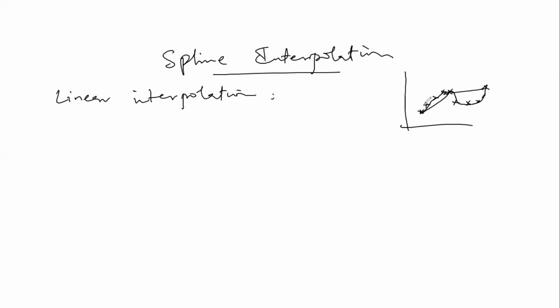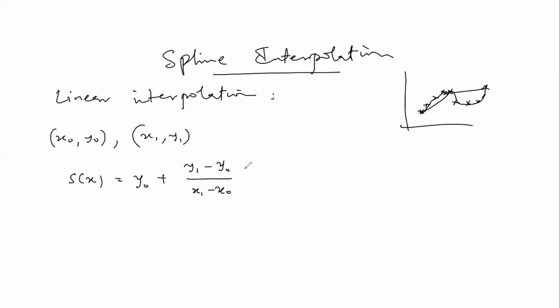And the linear spline between 2 points, say (x0, y0) and (x1, y1), is described as S(x) being the same as y0 plus (y1 minus y0) over (x1 minus x0) times (x minus x0).